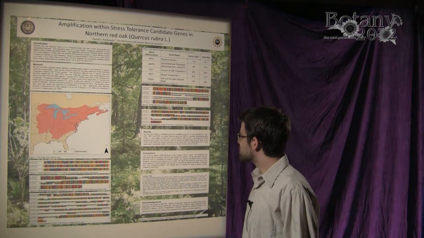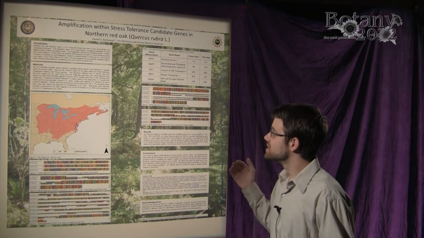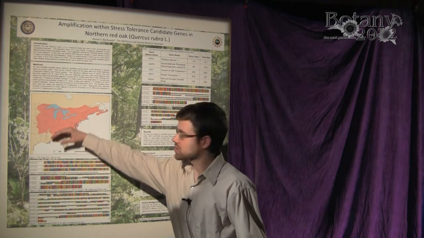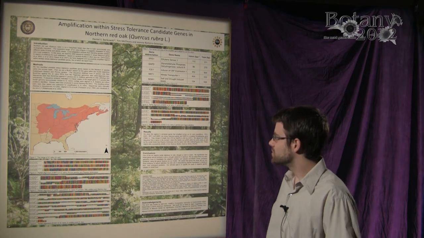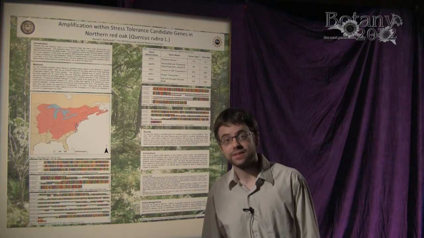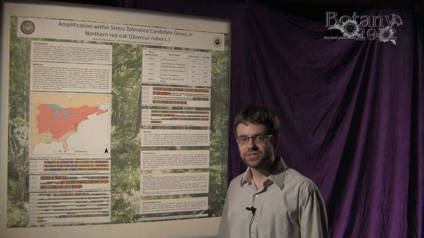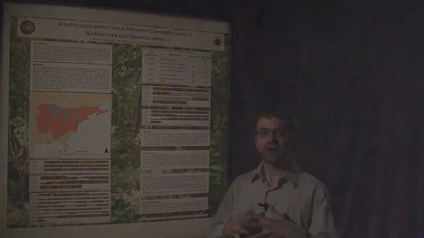The significance of this is that I'll be able to use these genes to sequence individuals across the range from south to north, and hopefully see a signature of natural selection for cold tolerance and also drought tolerance, because there has been some recent work showing that drought and cold tolerance are very much intertwined.